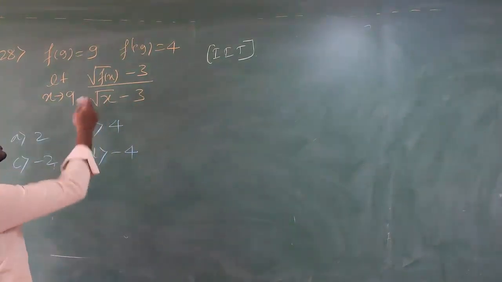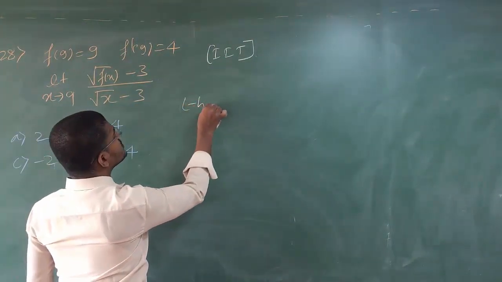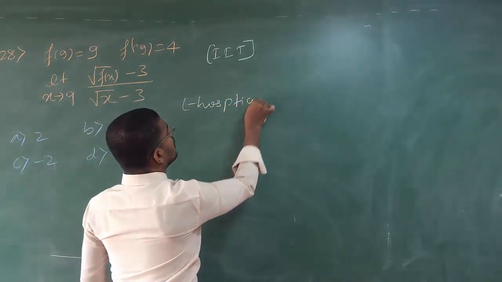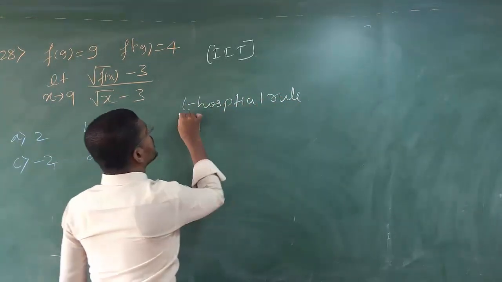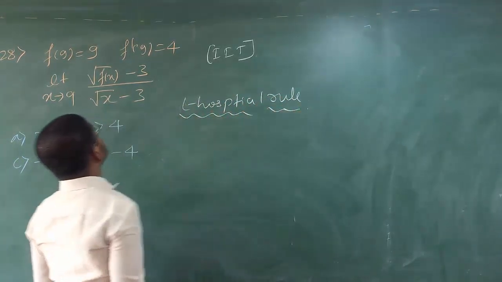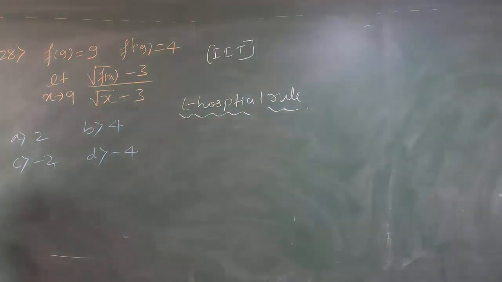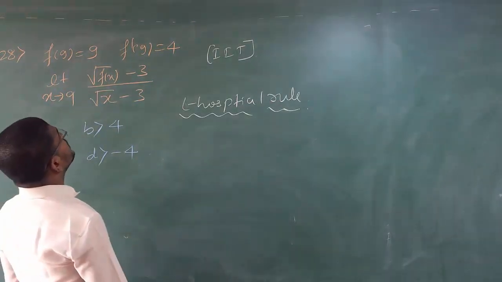Okay, for this you apply L'Hospital rule. If you apply L'Hospital rule, because it is in the form of 0 by 0, for that reason you can apply L'Hospital rule. So you are going to get what?